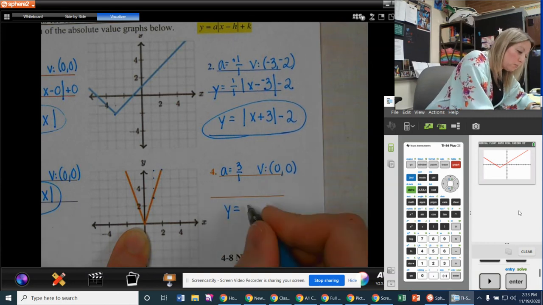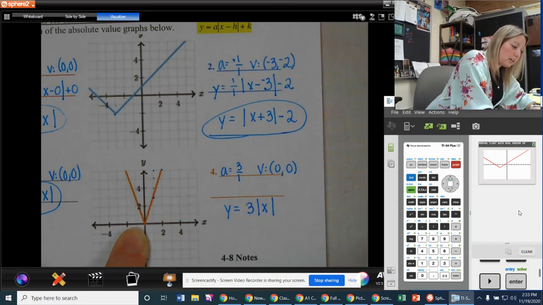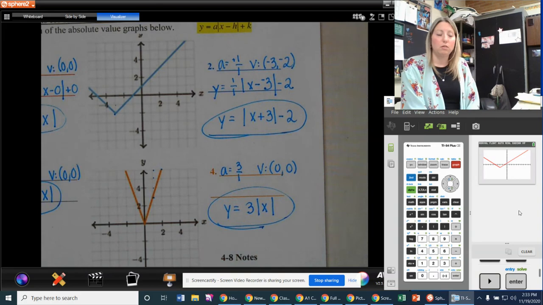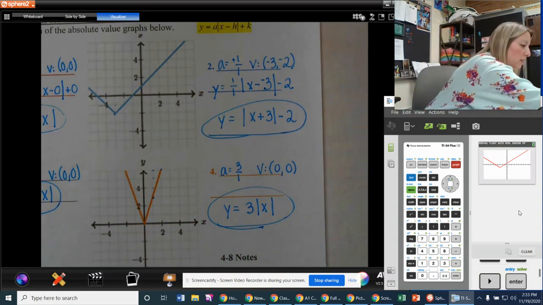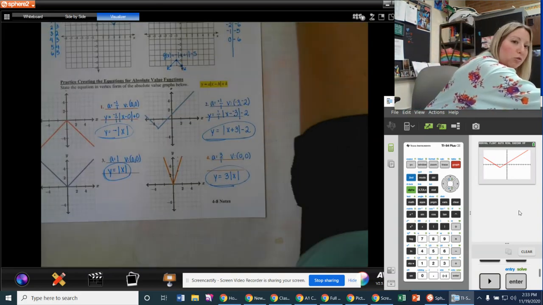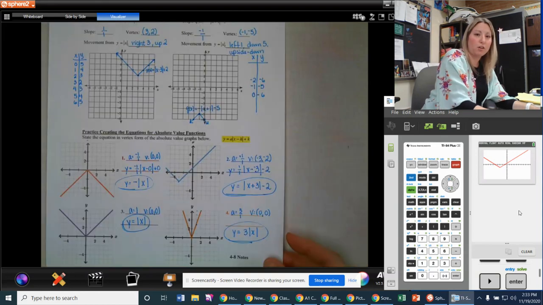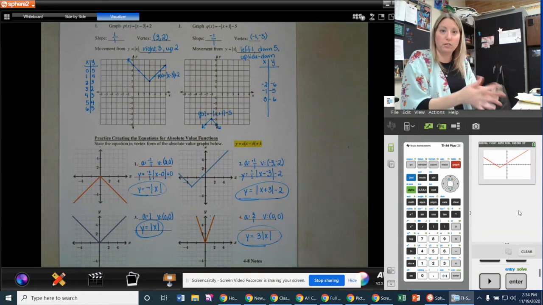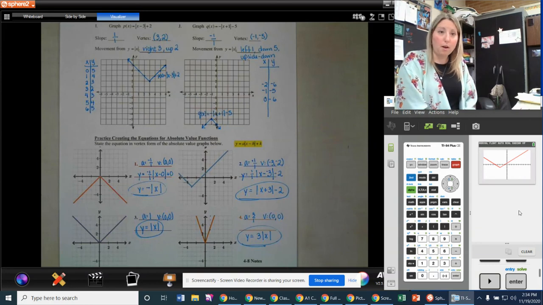It just means a 3 in front of the absolute value bars, no adding or subtracting on the outside because your vertex was 0, 0. So if I give you that general form, you should be able to plug into it given the slope of your absolute value and the vertex of your absolute value.